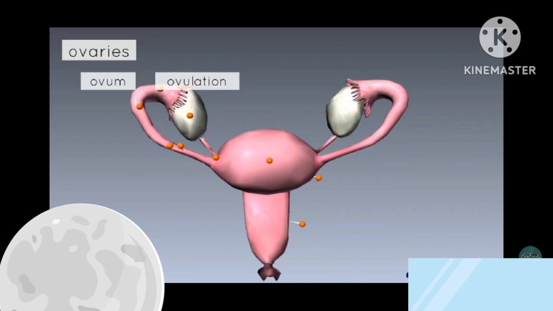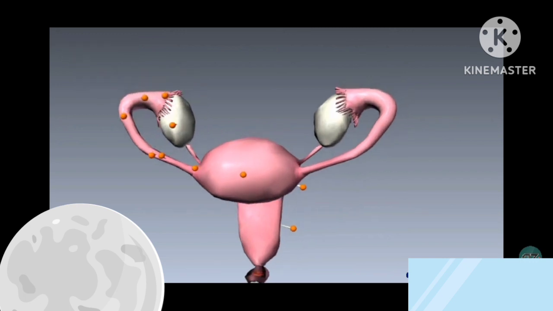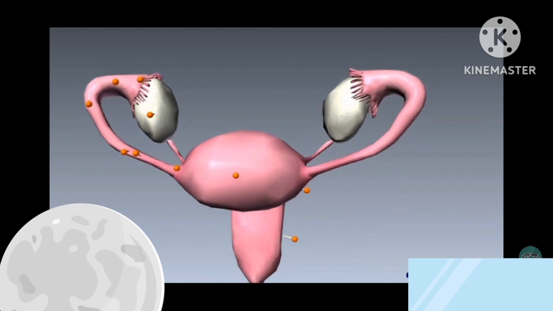So the ovaries are actually suspended in the peritoneal cavity by several ligaments, and I won't talk about these here, but it's important to know that the ovaries are intraperitoneal and they release the egg into the peritoneal cavity. And what happens is that the fallopian tube has these finger-like projections distally, which are known as fimbriae.